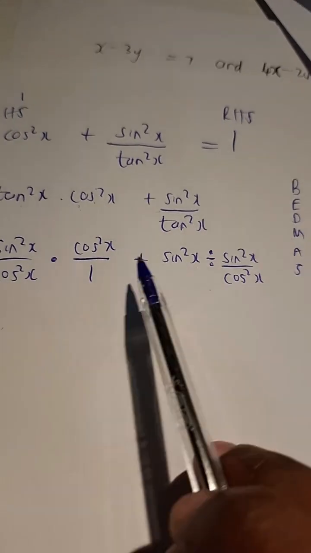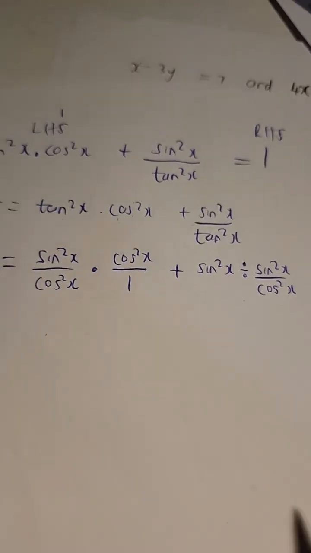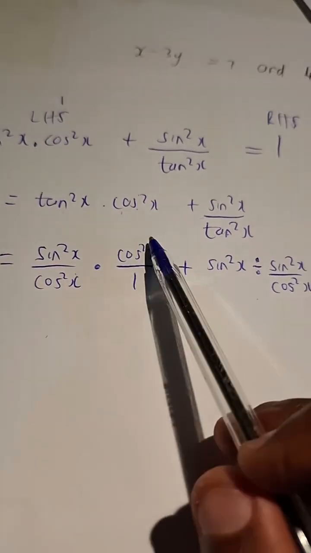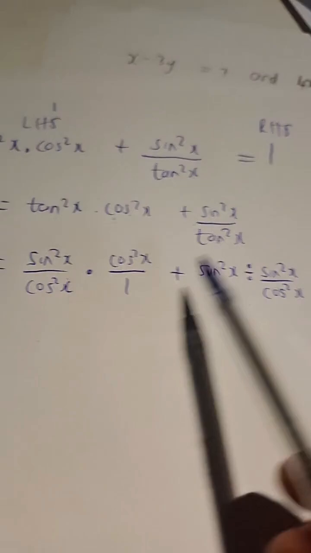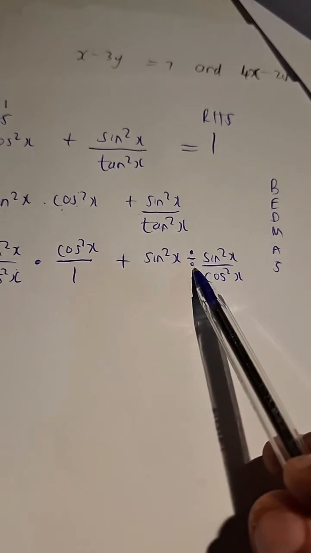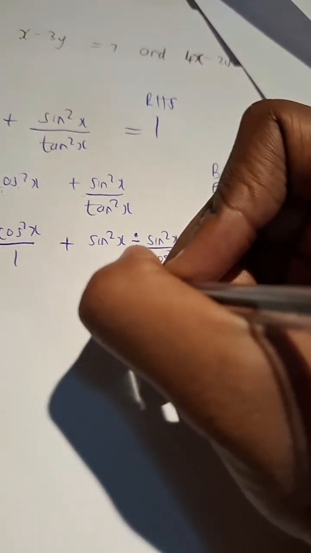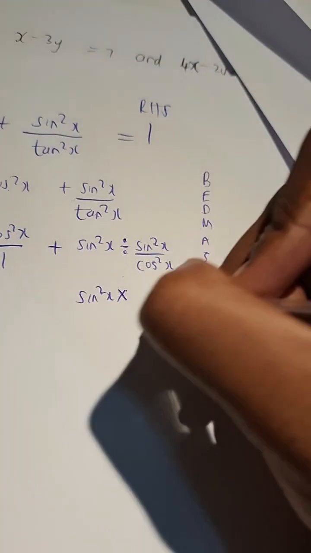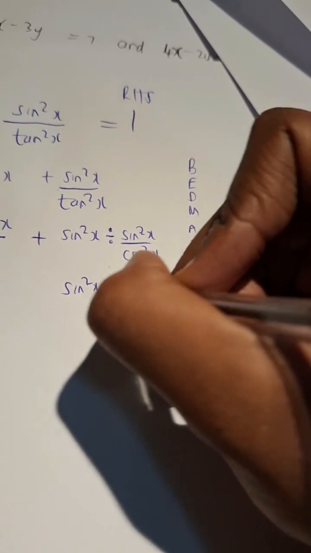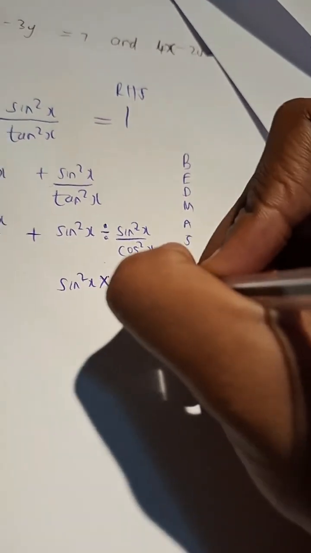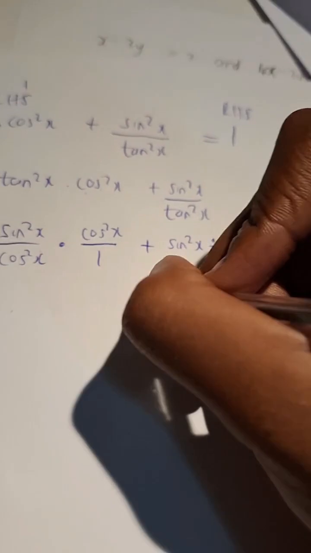I hope that makes sense. So I use my identity so that I can multiply this, and with this division, obviously, this divide I'm going to change to multiply, and what happens when I change that divide to multiply? This fraction becomes cos squared x over sine squared x. Yes, swap, very good.